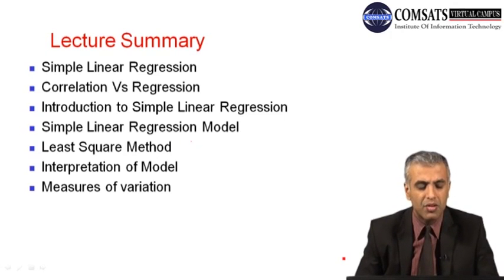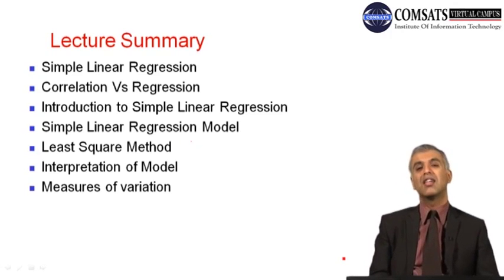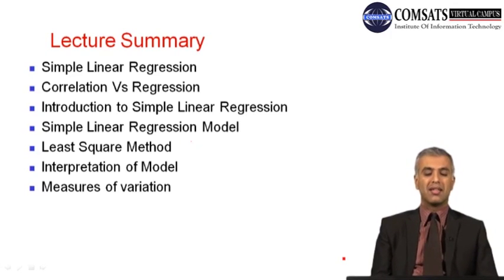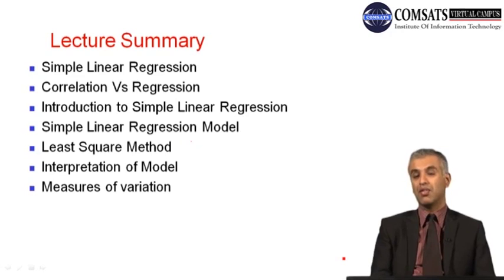Then the method which is used to calculate all these regression variates, beta naught and beta 1, is termed as the least square method, and we have already discussed what would be the interpretation of the model, how this model can be calculated through the various values which we have discussed before, and mathematically how we can calculate beta naught and beta 1.